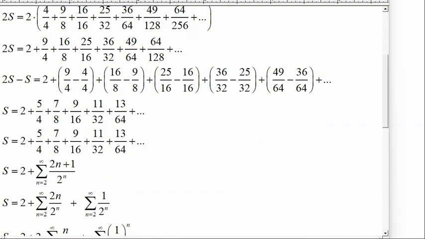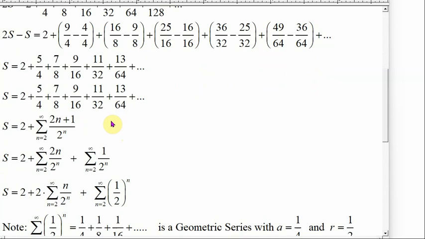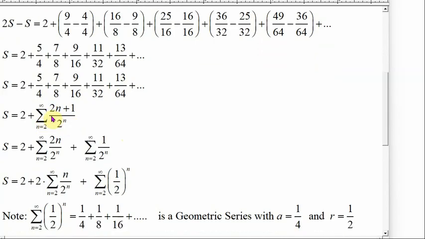Right here we get 5, and then 7, and then 9, and then 11, and here we get 13. This is 5, 7, 9, 11, 13, so we can rewrite this as 2n plus 1. The summation with the 2n plus 1 over 2 to the n.